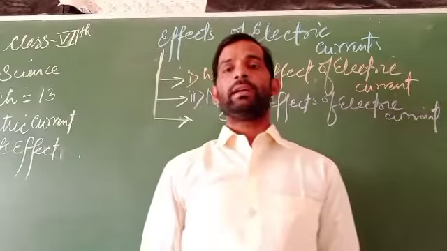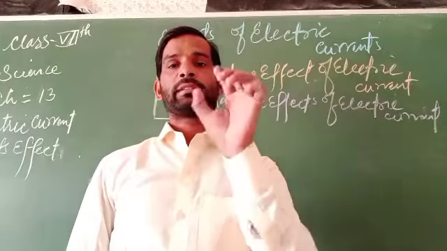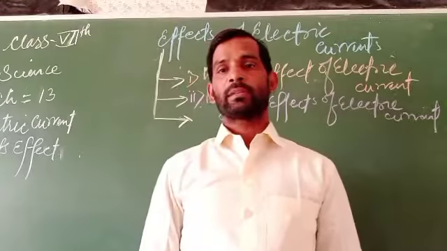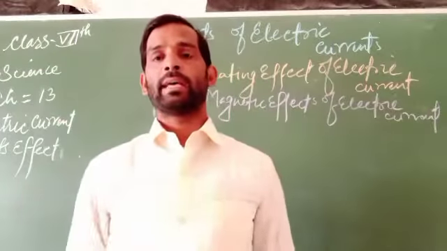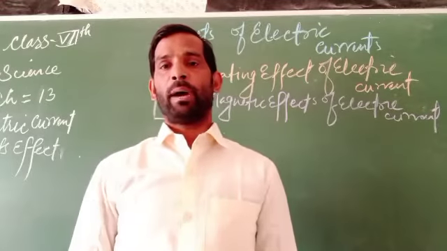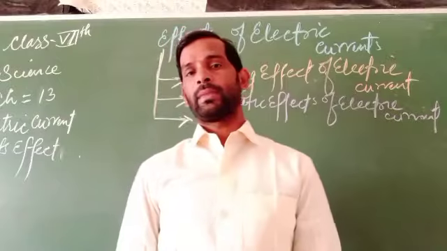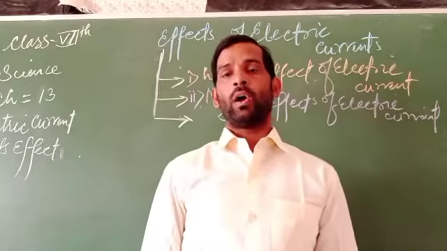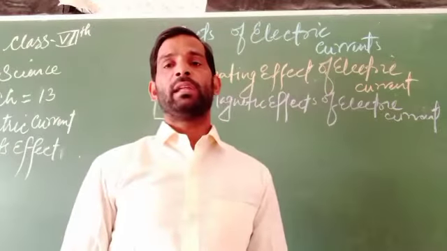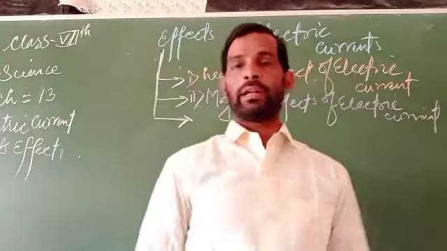When the electric current is supplied to the chemical, it behaves as an ionic compound. In an ionic compound, the ions get separated. That is called the chemical effect of an electric current.